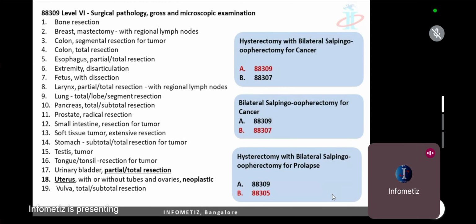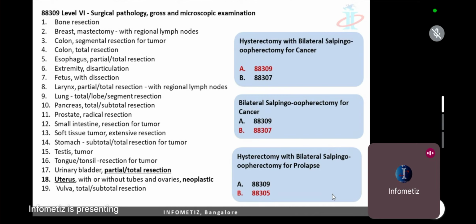Right? Third question. Hysterectomy with bilateral salpingo-oophorectomy for prolapse. 305 or 309? Take it 305. Yes, sir. 305.